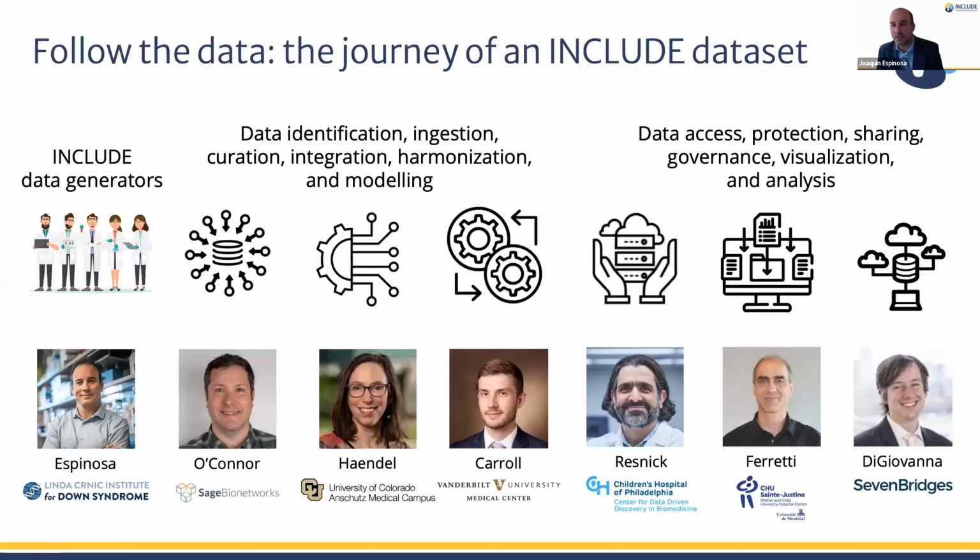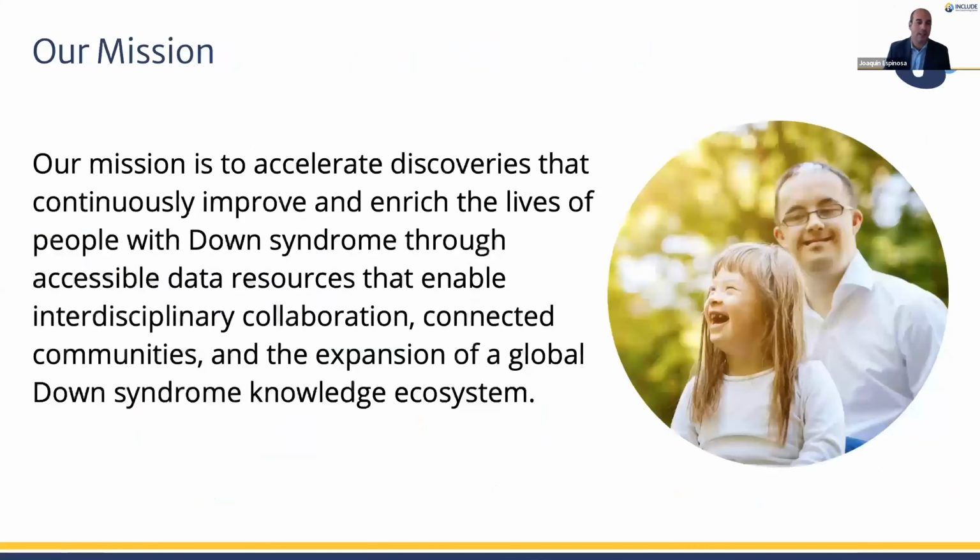Each of these individuals is an expert on each of these particular aspects of the life cycle of an Include data set. We work together aligned to this mission of accelerating discoveries that improve and enrich the lives of people with Down syndrome through accessible data resources that enable collaboration, connected communities, and the expansion of a global Down syndrome knowledge ecosystem.